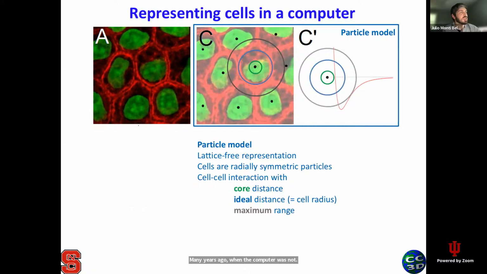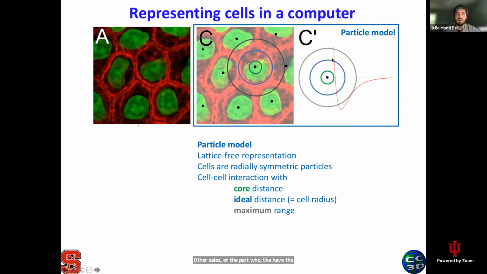The other way is you can represent your cells as particles. And then it's a lattice-free representation. The cells are radially symmetric, and they interact with one another by some kind of repulsive and attractive force, usually a Lennard-Jones type of interaction, where there is a preferred distance that the cell would like to have with other cells, or the particle would like to have with another particle.